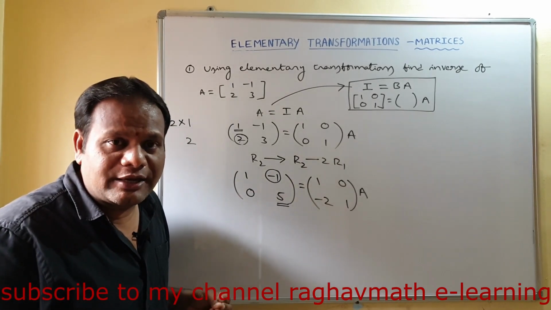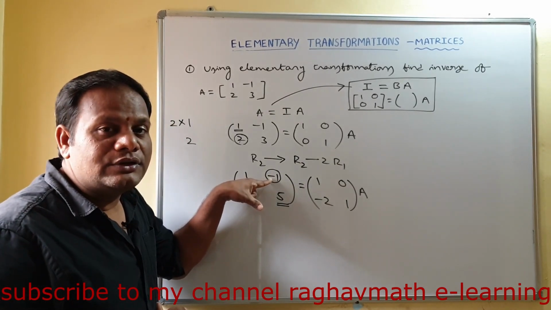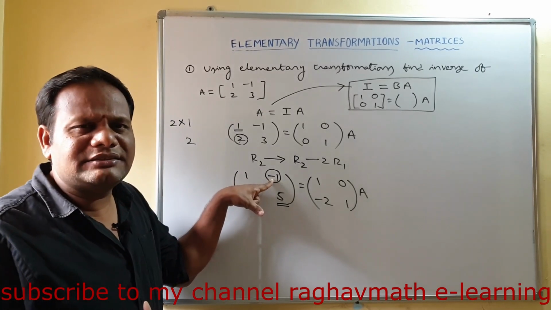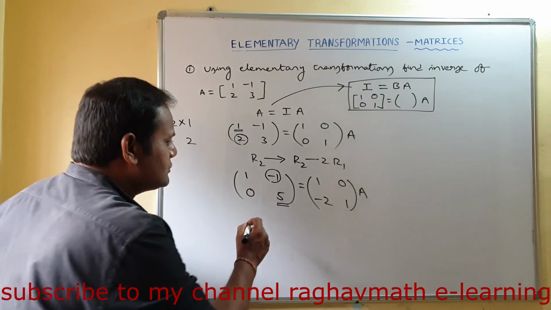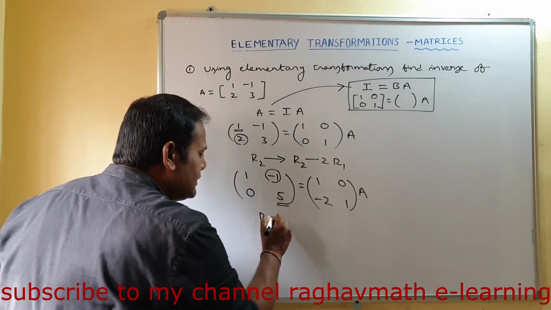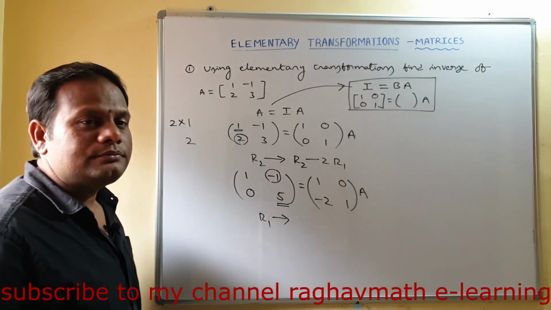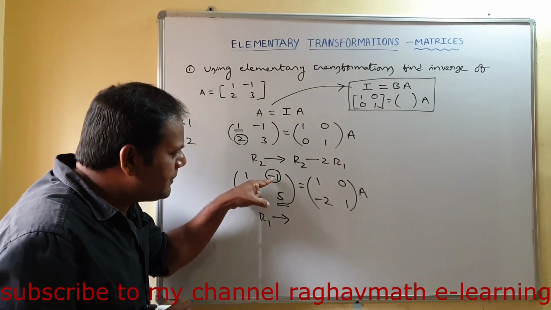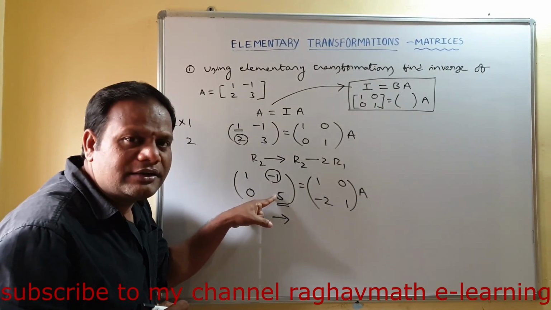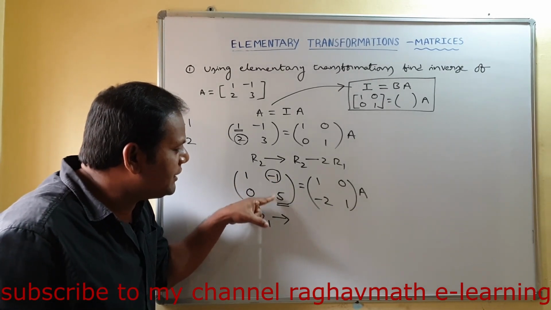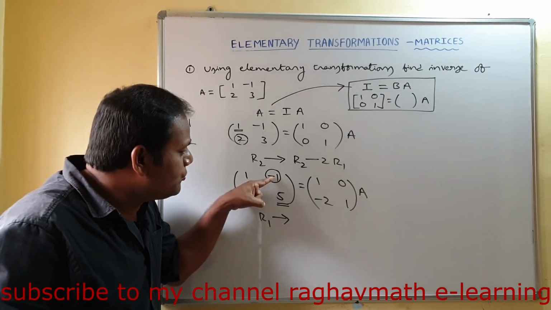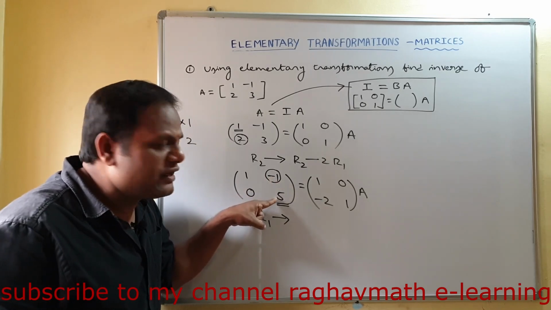You observe that element, this element. Is it in the first row? Yes. So which row is going to be affected now? The first row. So R1 changes to... you have to make this 0 using this element. So you have to make them equal. To make them equal, it is 5.